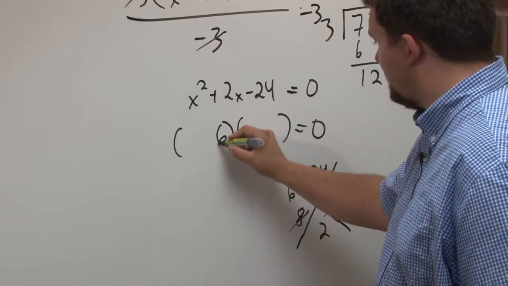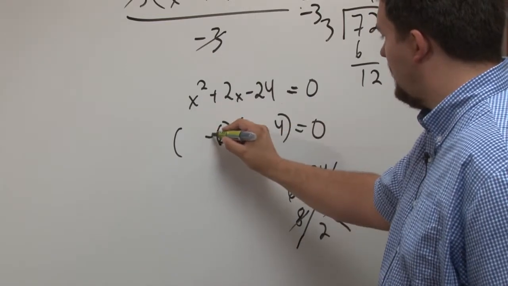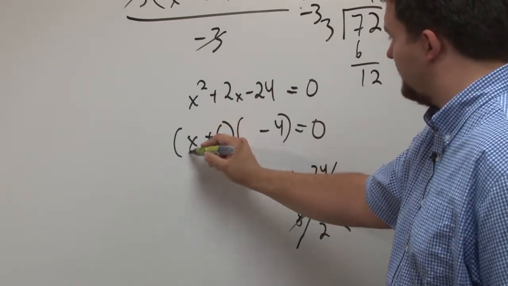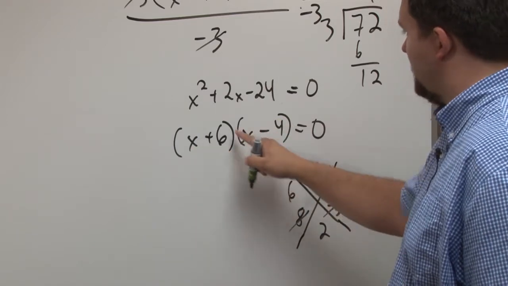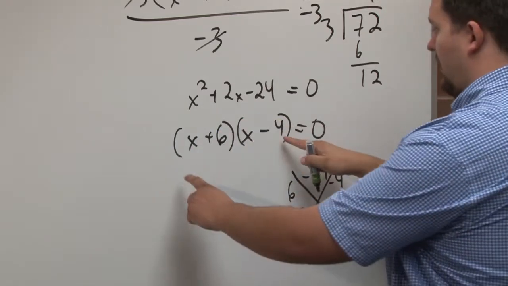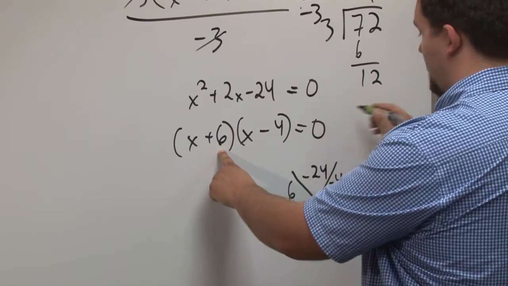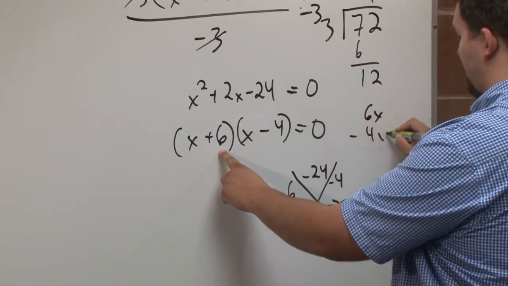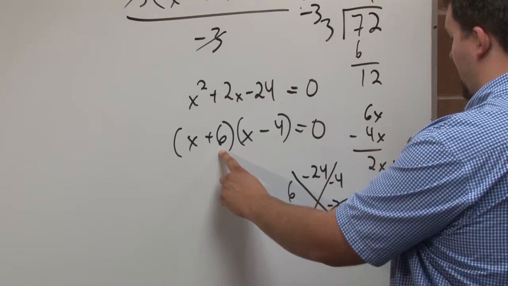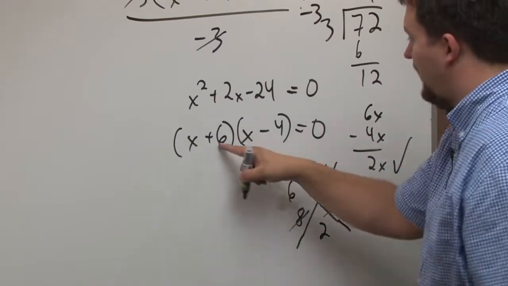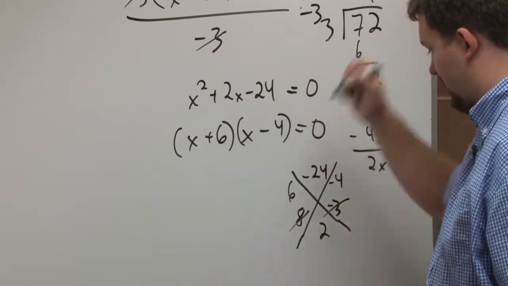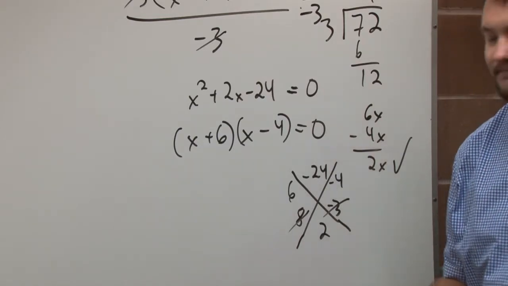So we have a 6 and a -4, and the 6 was a positive, and then I'll just put my x's in the front. So x times x is x squared. I have a -4x and a positive 6x, so 6x and a -4x, well that is 2x, so that works. That's my middle term. And 6 times -4, I already found out, is -24.